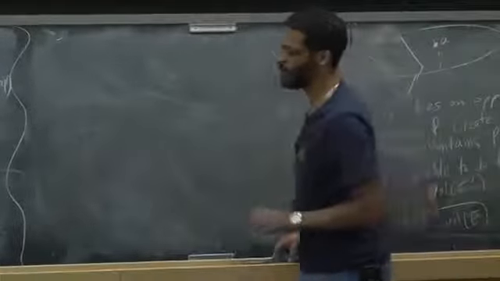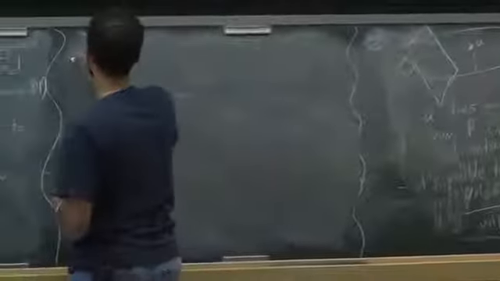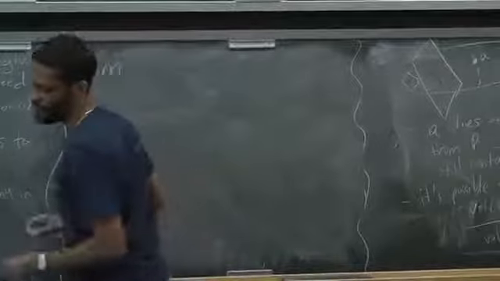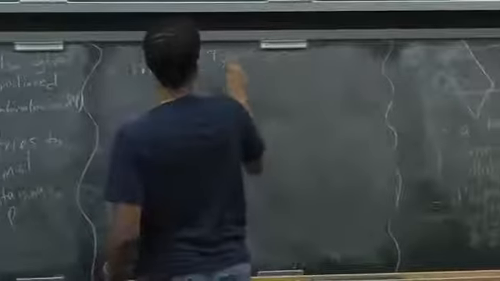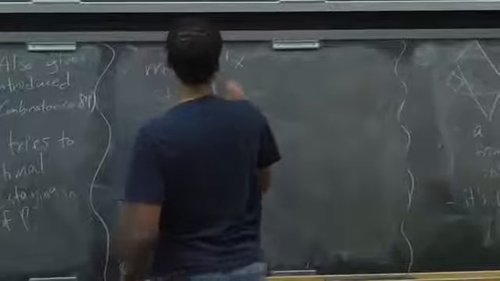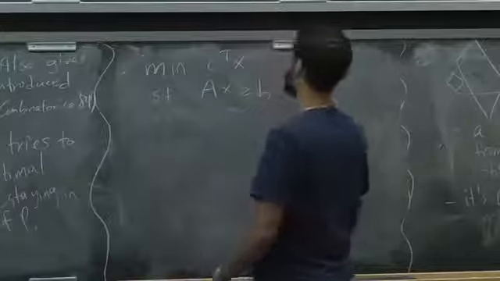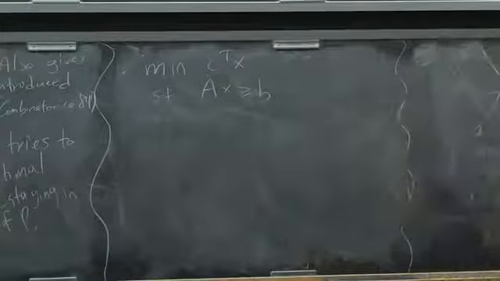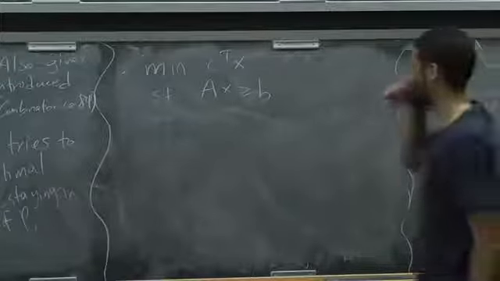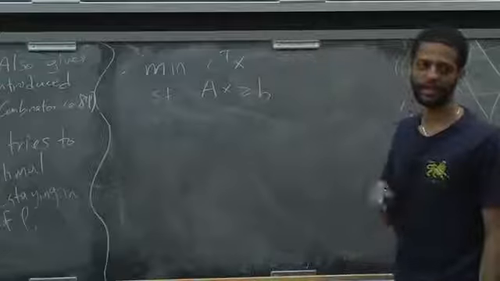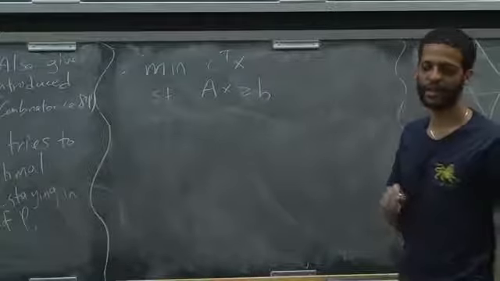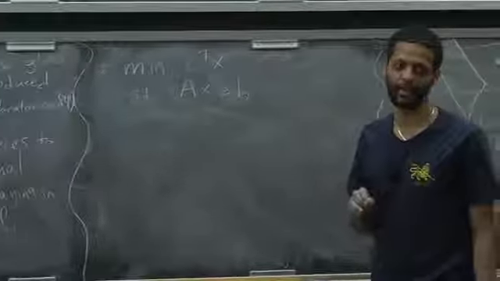Okay, and so we're going to look at things of the form min of C transpose X such that AX is at least B. And we're going to turn this into an unconstrained optimization problem.